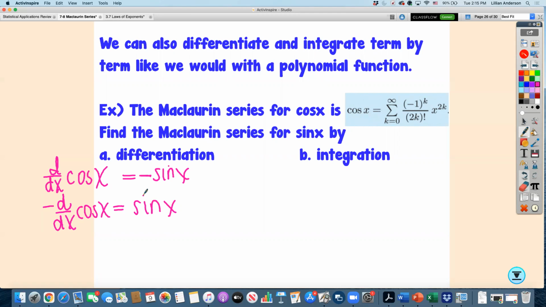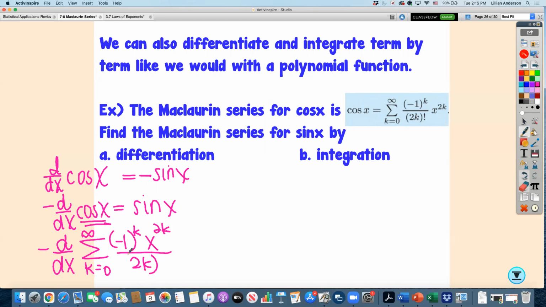What I can do now is replace cosine x with the Maclaurin series for cosine x and then apply the derivative of that Maclaurin series. So I'm going to replace cosine x with the Maclaurin series given. And now I can proceed to take the derivative of this series.